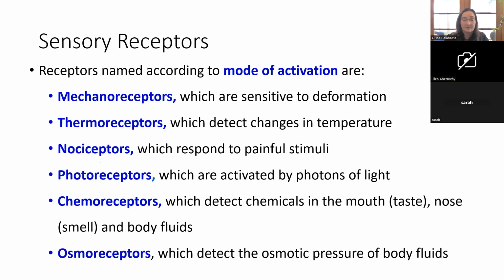Photoreceptors detect light, and chemoreceptors detect chemicals, like the chemicals in the food you eat or the odors you smell. And then osmoreceptors detect osmotic pressure. Those are within the body, detecting the saltiness, for lack of a better word, of your blood and body fluids.